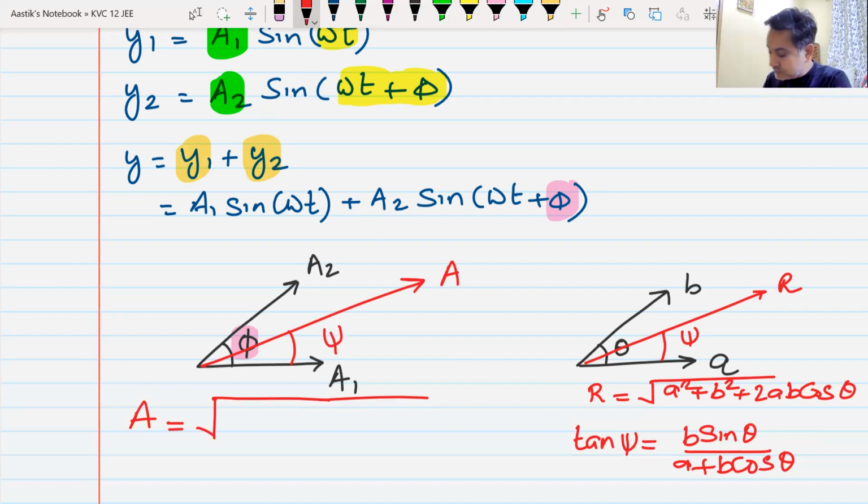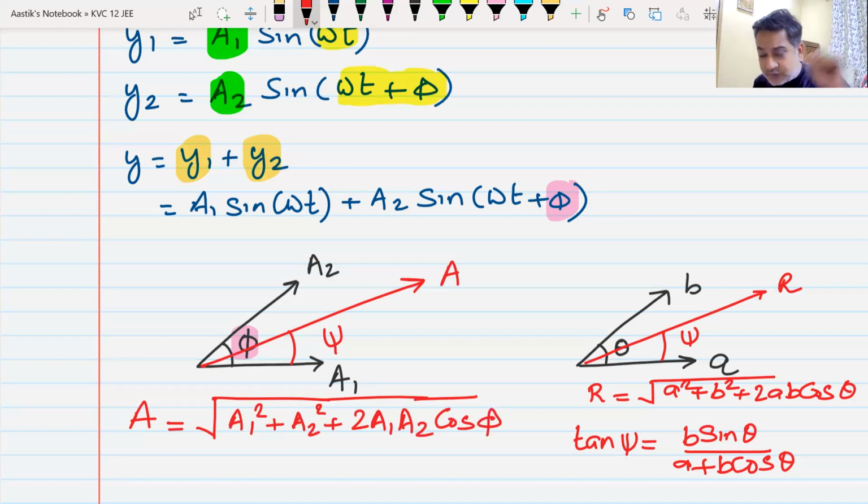A1 square plus A2 square plus 2 times A1 A2 cos of phi. I'm using phi because phi refers to the phase difference.